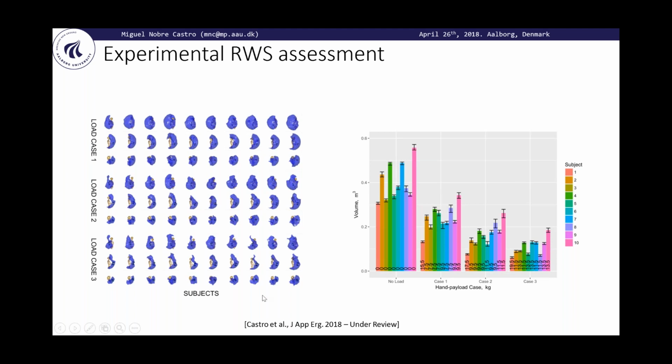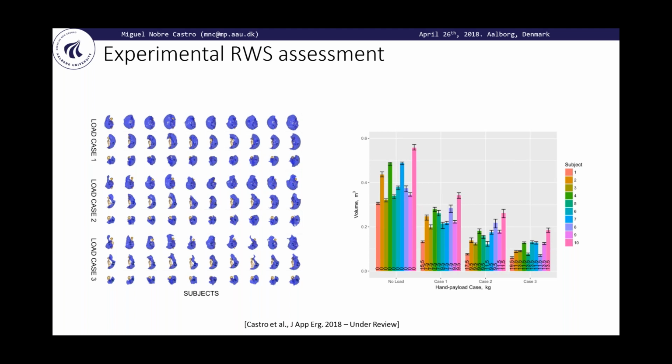On the left side here, you can see this plot with all the shapes of the reachable workspace. For each one of the 10 individuals, we can have 3 different views, so that you can get a better appreciation of the shape. On the right side, we see the volume for each one of these clouds.